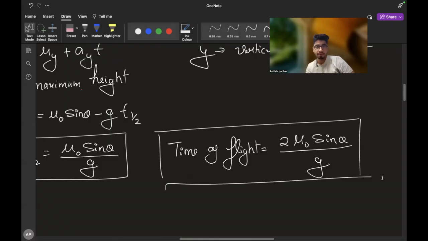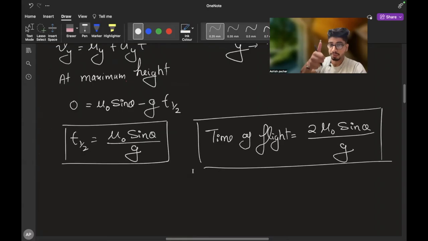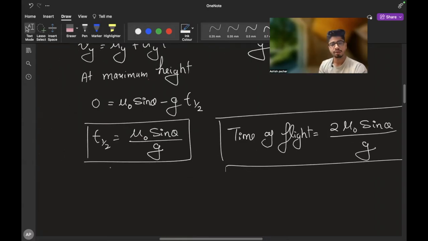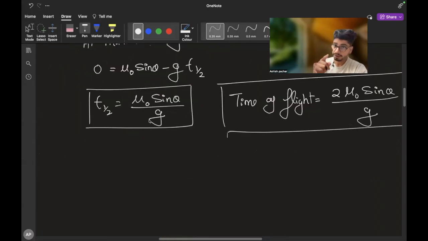Now, as you get the time of the flight, let's say somebody asks you the maximum height. You can make use of that. Height means vertical, so you have to think about the vertical velocity component only, and the time you got.